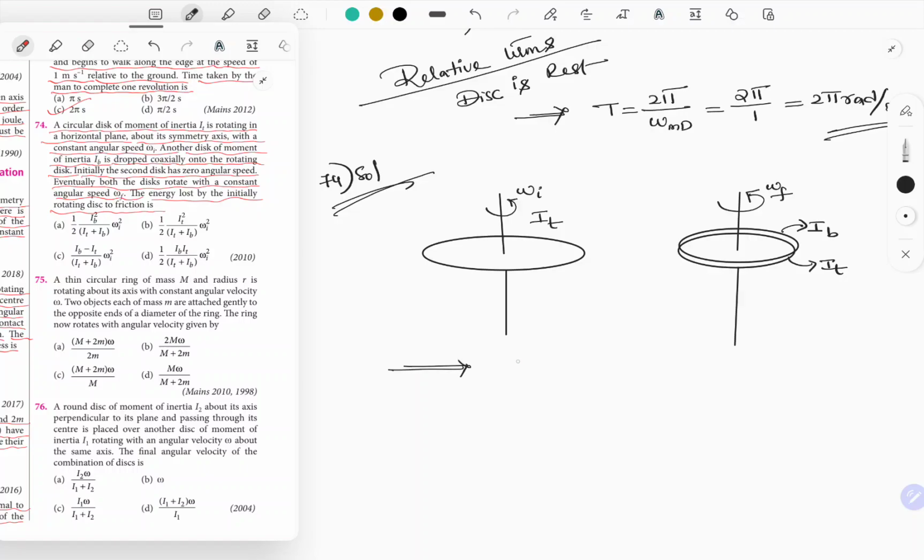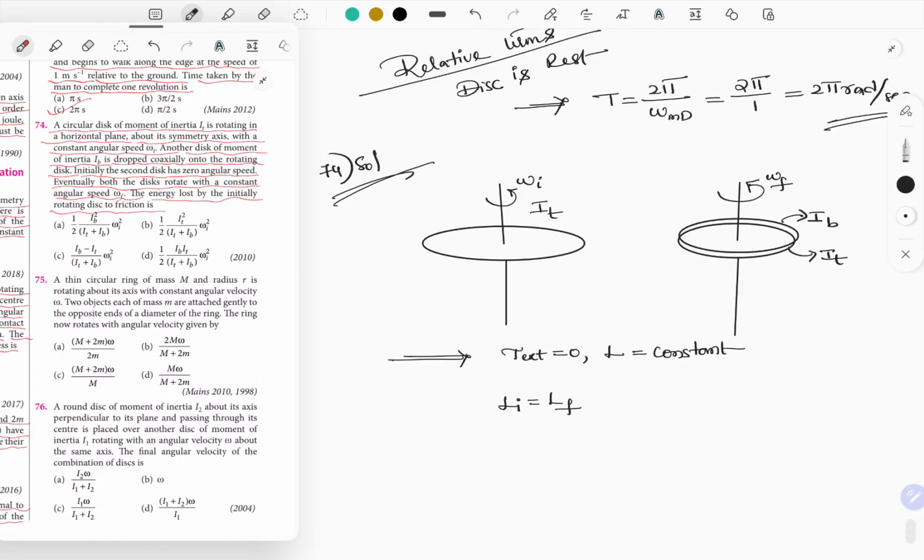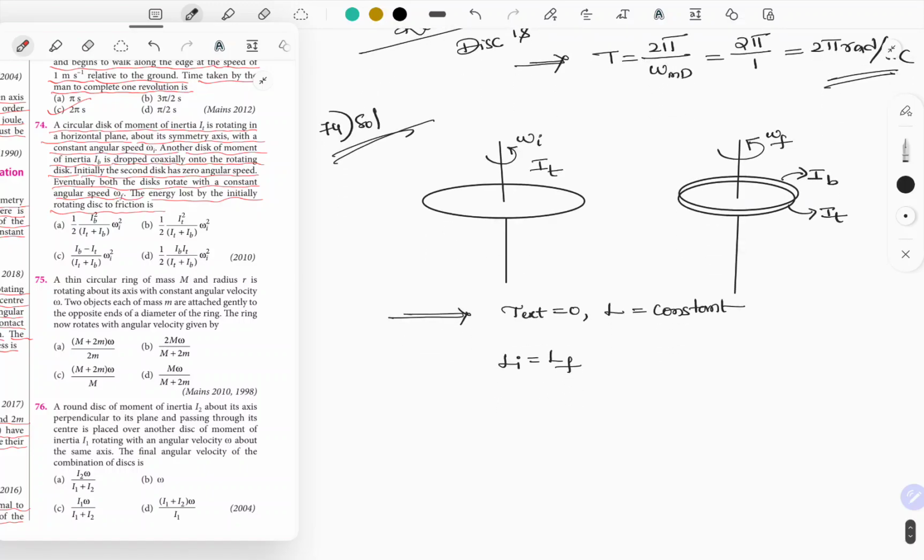We know that there is no external torque acting on the system, which is equal to 0, and angular momentum is constant. If angular momentum is constant, initial angular momentum is equal to final angular momentum. Initial angular momentum is IT into omega initial, which is equal to final angular momentum, IT plus IB into omega final.